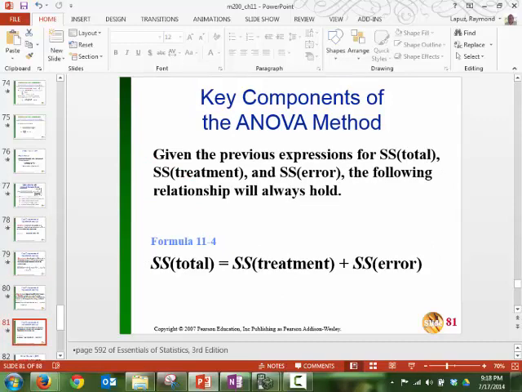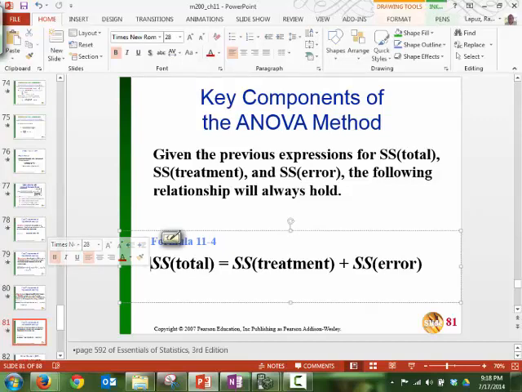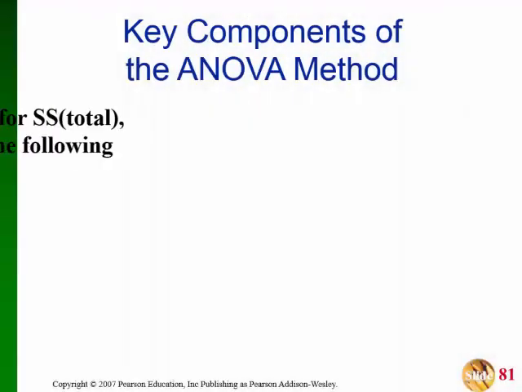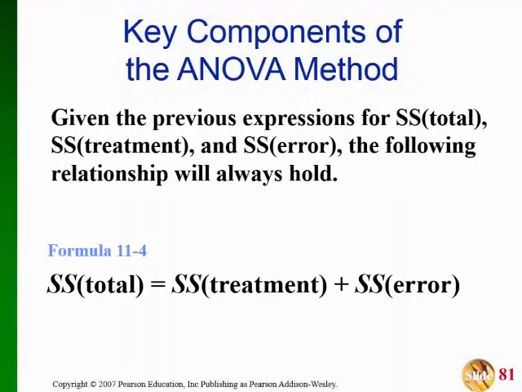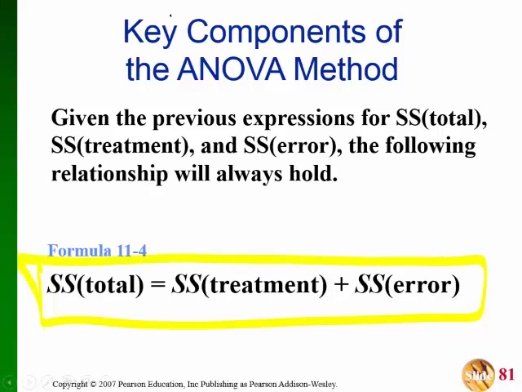So in terms of the SS total, let me go back to the PowerPoint so I can highlight this. The SS total mathematically happens to have worked out as the sum of the SS treatment and the SS error.